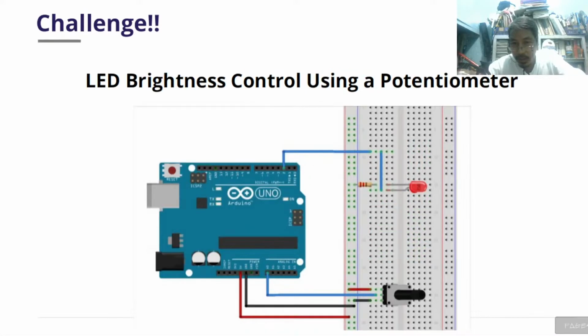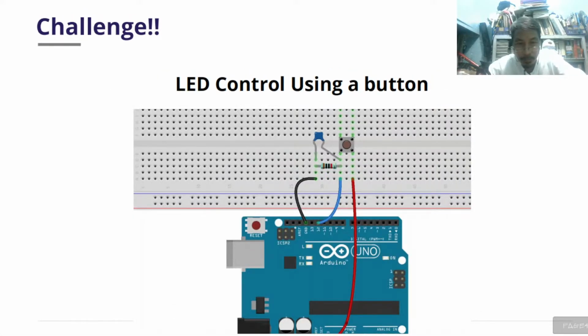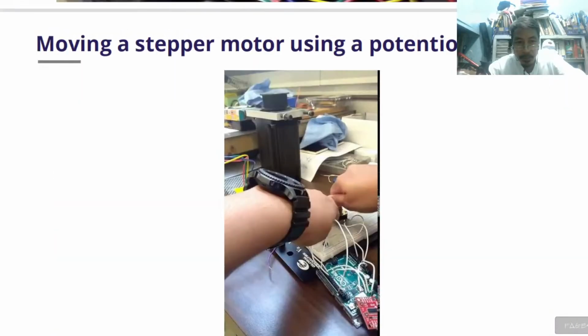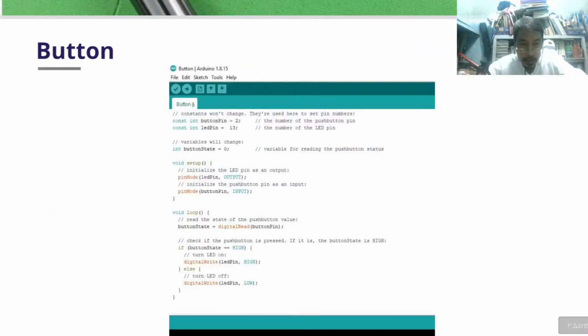So this challenge problem, I will show you again. This is the program for the challenge problem. Button number 2, output number 13. Okay, but here in the actual it is number 12.